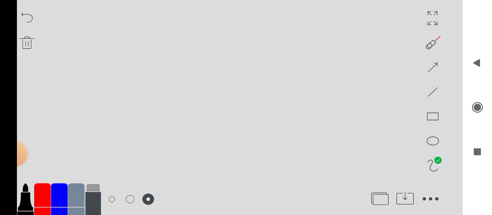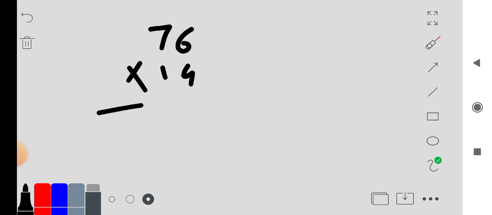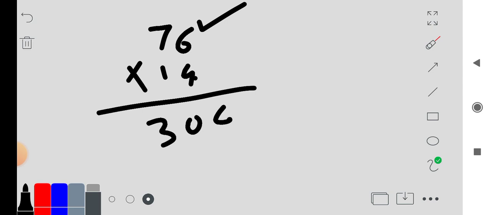Now there is traditional method. This is nothing but traditional method, friends. First we multiply unit digit number of 14 into 6, or 4 into 76, that is nothing but 304. These are nothing but number of units. Now we multiply tens digit.